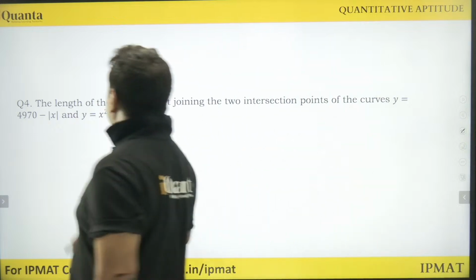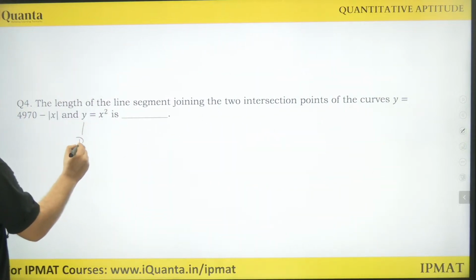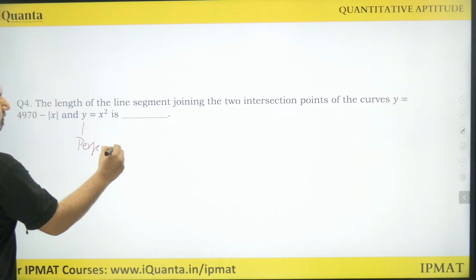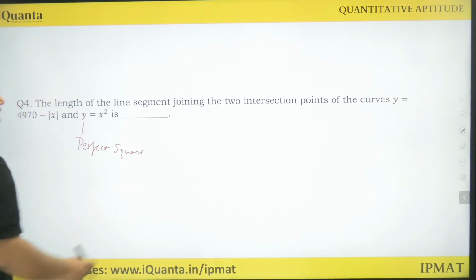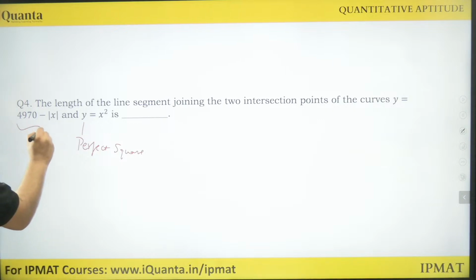Now look at this. Y is definitely a perfect square. Right? And 4970 must be a perfect square. Then only they can actually intersect as shown in the graph. Do we have any number which is less than 4970?